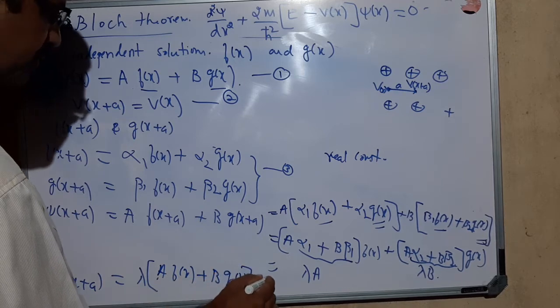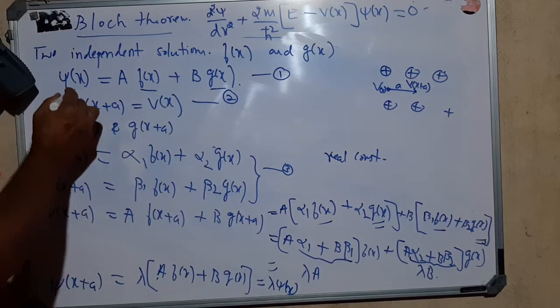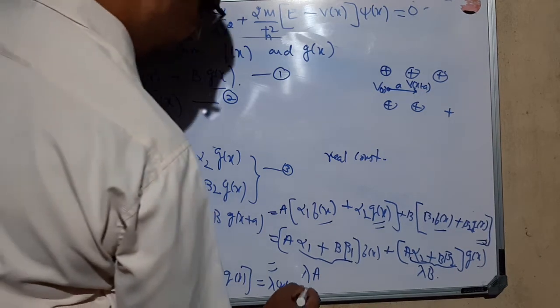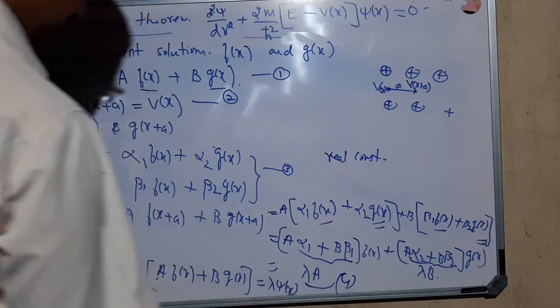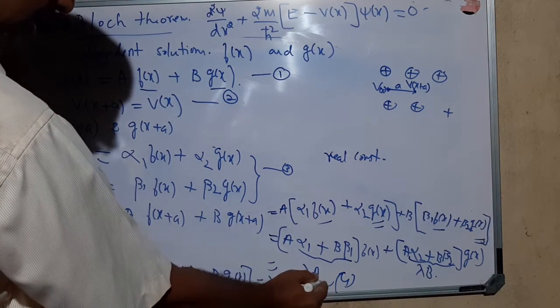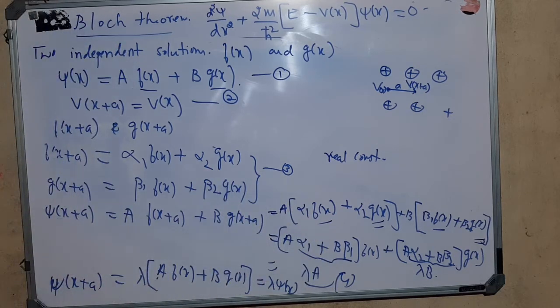This is equal to lambda into xi of x, using equation number 1. So xi of x plus a is equal to lambda into xi of x; that is equation number 4.